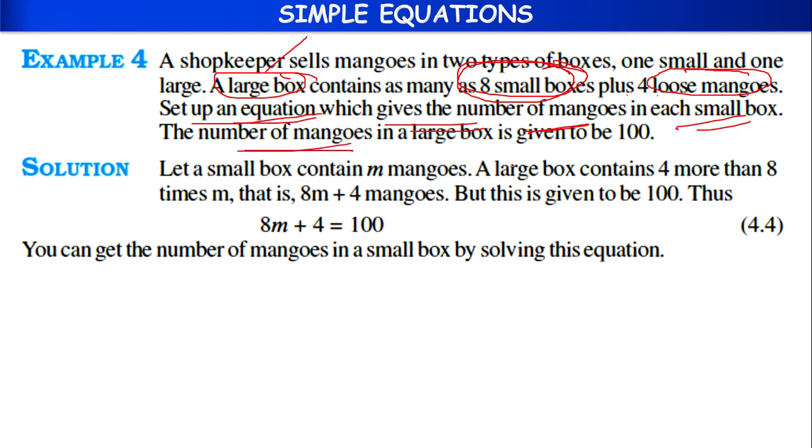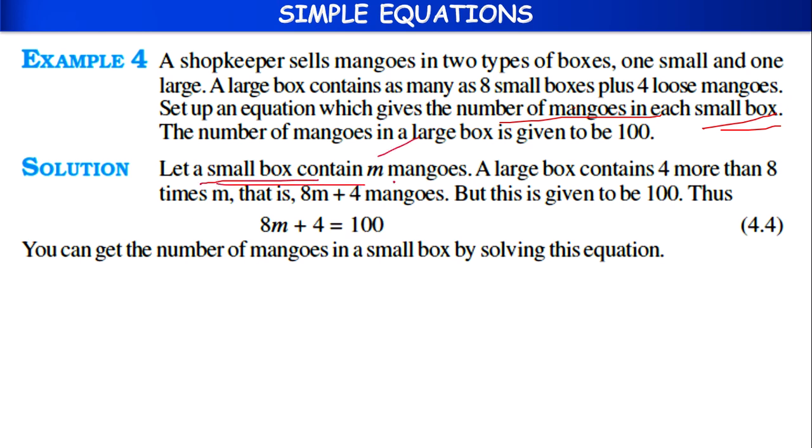So the number of mangoes in the large box is given to be 100. So we have to set up an equation to find the number of mangoes in the small box. As the number of mangoes in the small box is unknown, which we have to find, let us assume it be m. So the small box contains m mangoes.